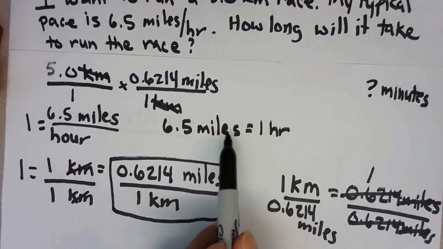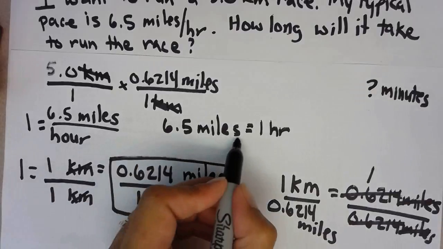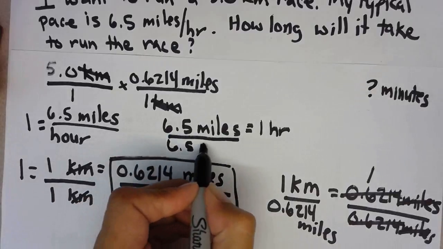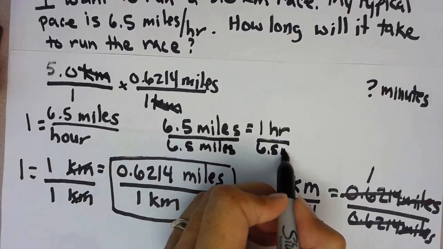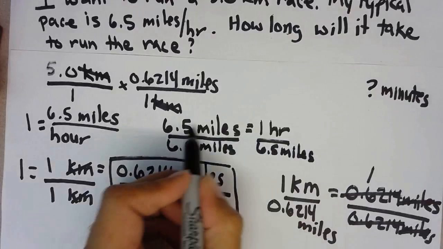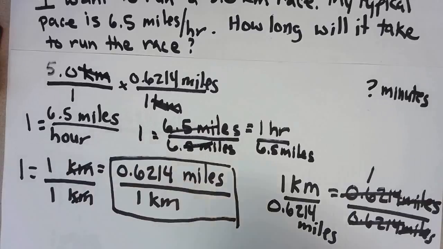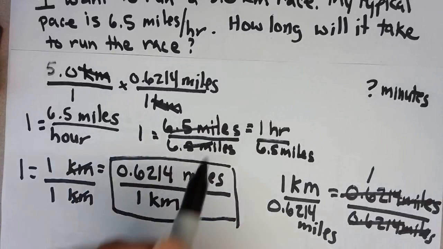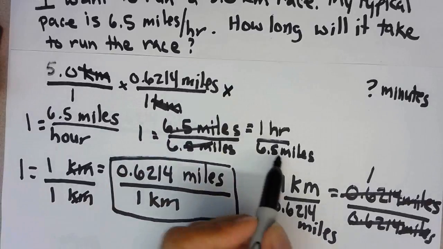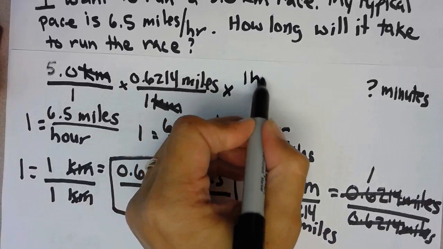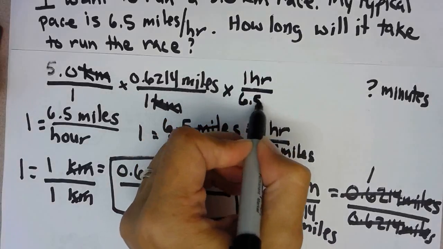But notice if I've got this equivalency, I can now divide both sides by 6.5 miles, and again get 1. So to get my miles to cancel out, I can multiply by this 1 hour over 6.5 miles.